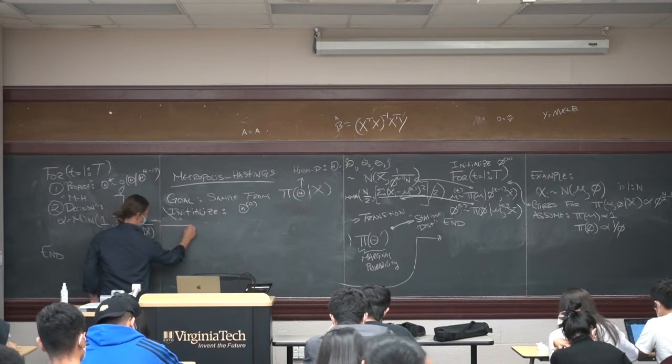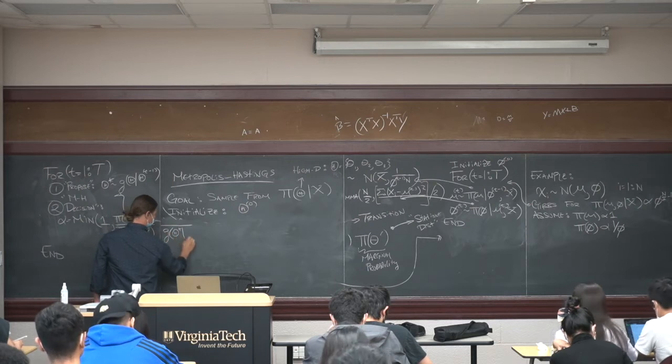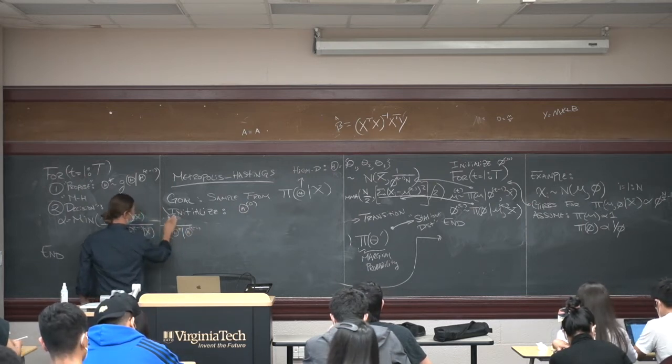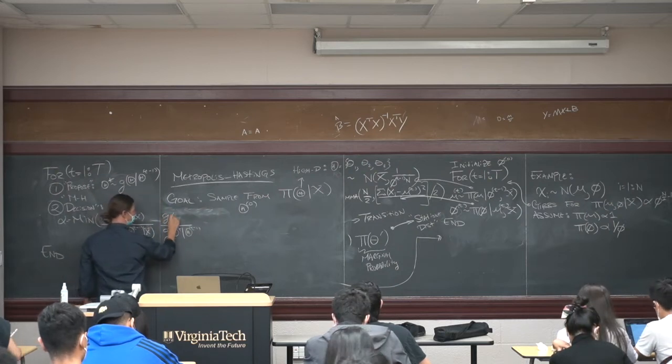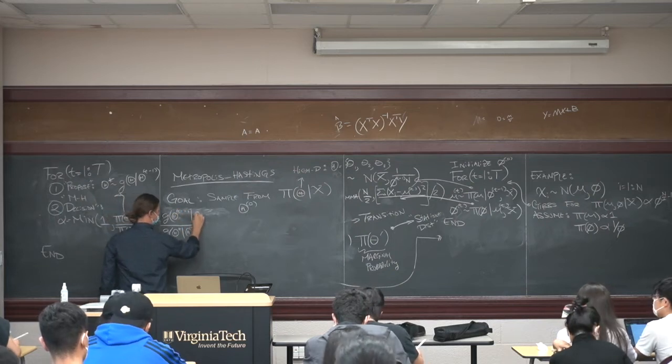That has to come into play right here. It looks like this: G of theta t minus 1 given theta star.